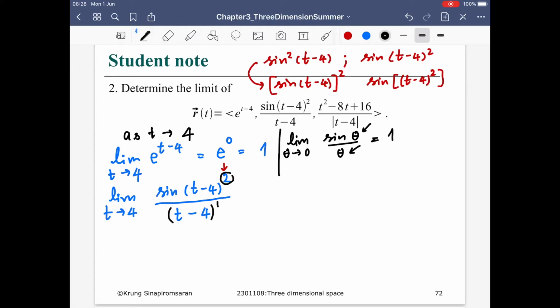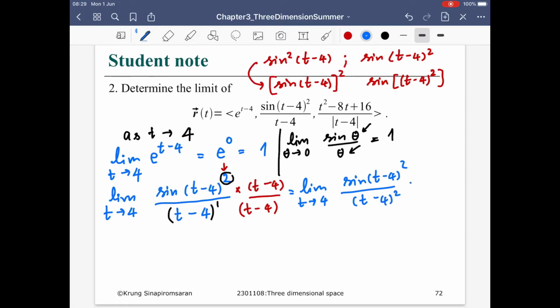So you really need to change it to be the same. You multiply by t minus 4 over t minus 4, so that the limit becomes sine of (t minus 4) squared over (t minus 4) squared, and the extra term of t minus 4.